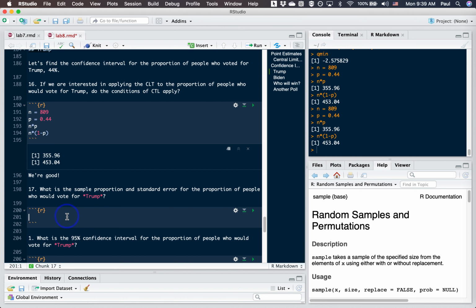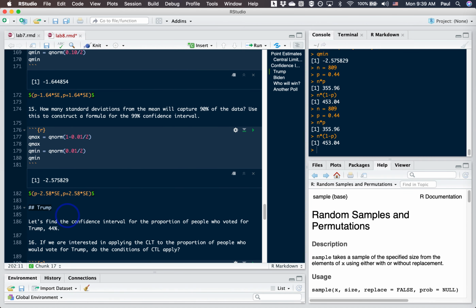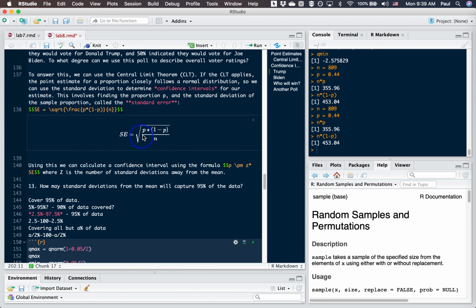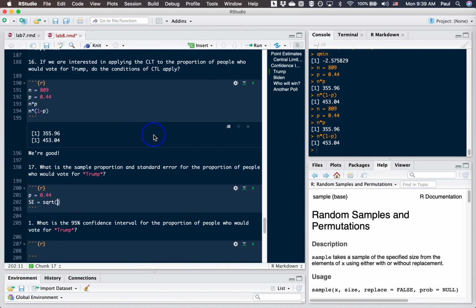Okay, so given n and p, what is the sample proportion? Well, the sample proportion was just 0.44. And the standard error is a little more complicated. It's the square root of p times 1 minus p over n.